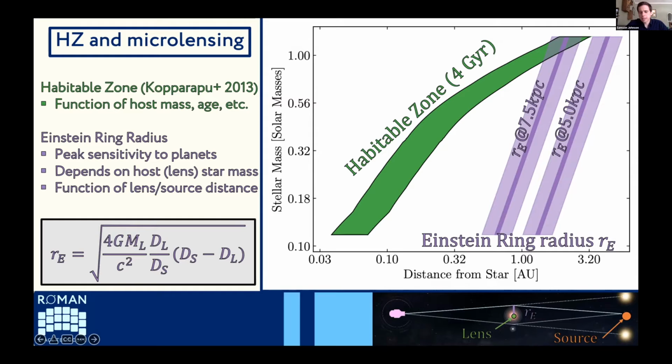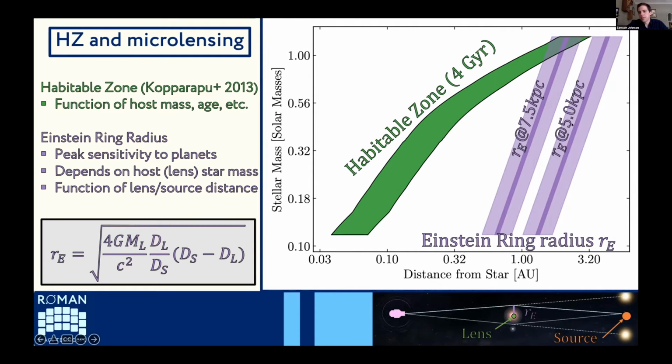Now for microlensing, the peak sensitivity is to planets that have projected separations close to the Einstein ring radius of the host star. That's proportional to the square root of the mass of the host star, but it's also a function of the lens and source distances in the event. To show that, here are two examples.